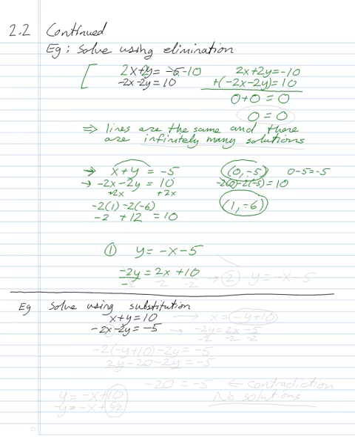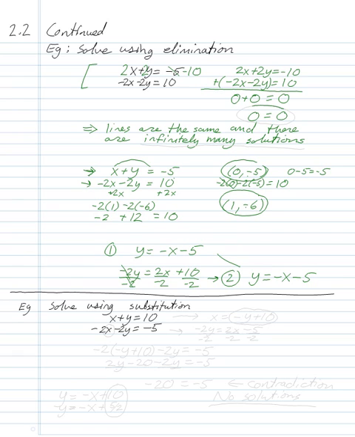If I divide both sides by -2, my second equation is therefore y equals -x minus 5. So they are exactly the same line if we write it in these terms, and it's easier to see why these lines overlap with each other.